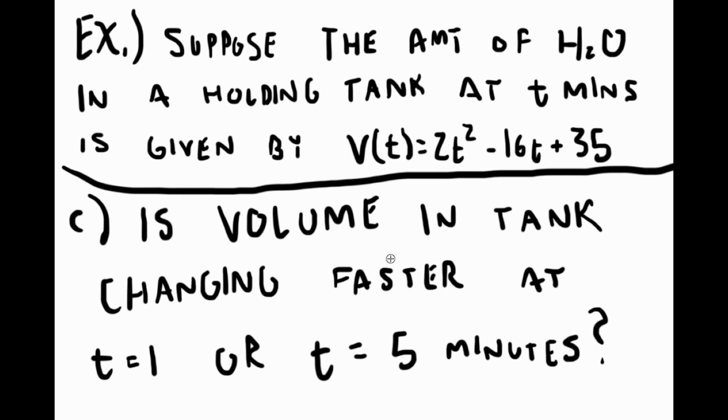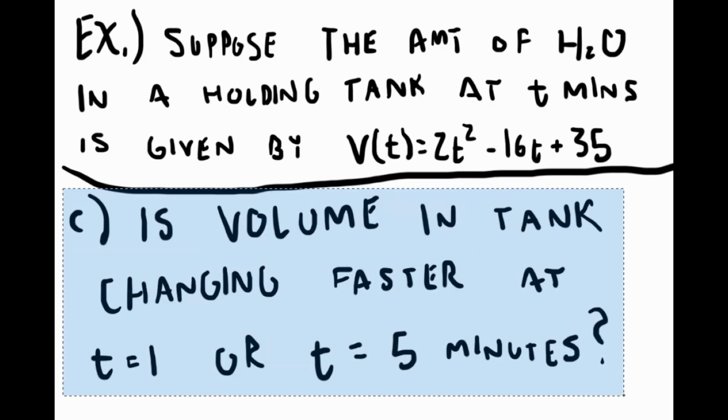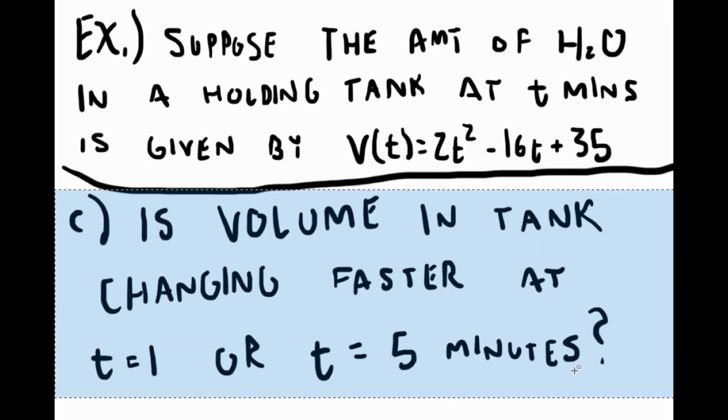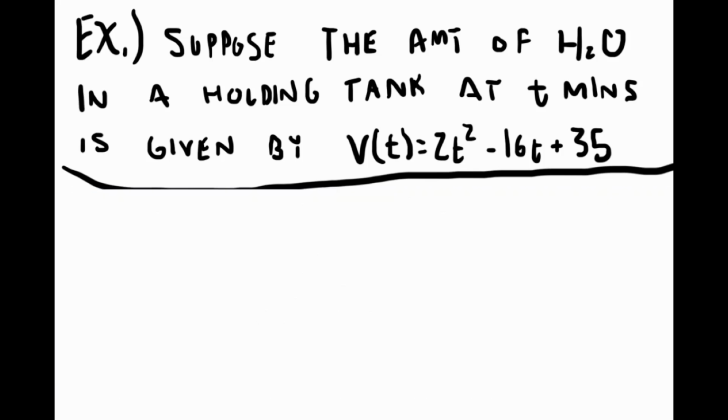In order to solve this problem, looking back at our last answers, we were given, I believe, -12 for t equals 1. And for t equals 5, we were given a positive value. In order to find the answer to a problem like C, we're just going to have to compare v prime of 1 and v prime of 5.